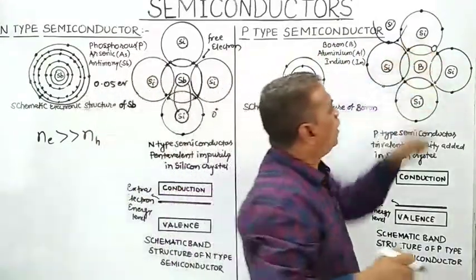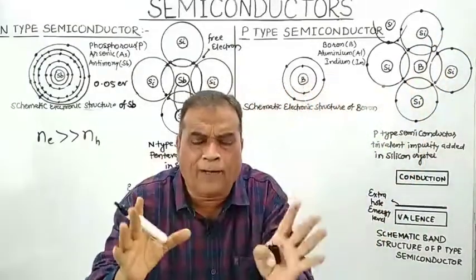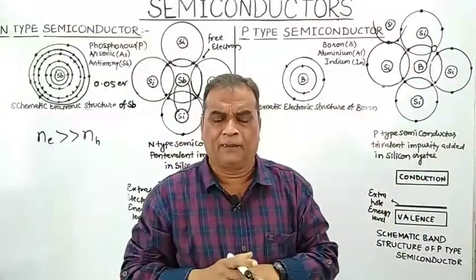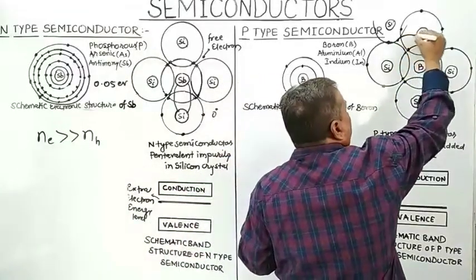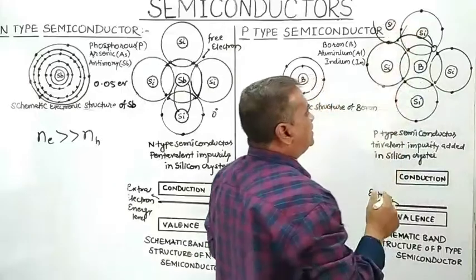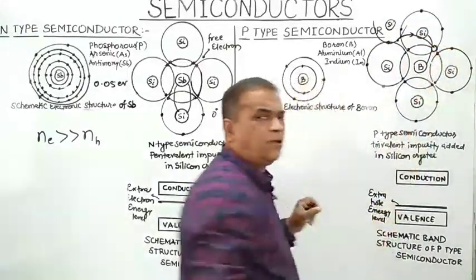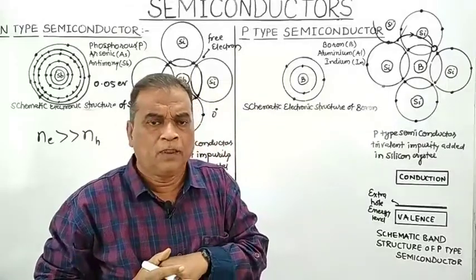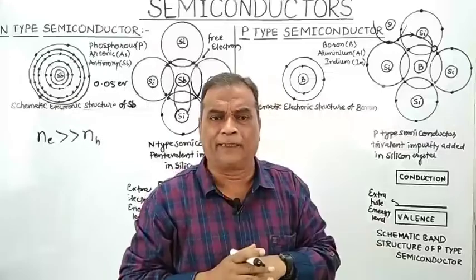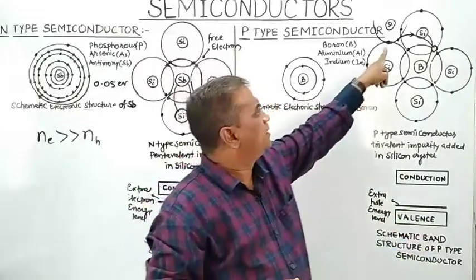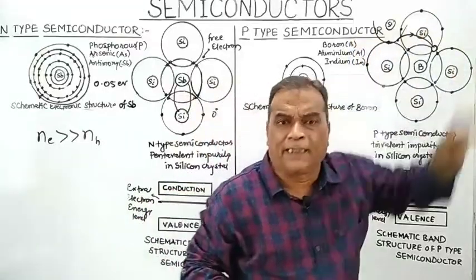So this 4th covalent bond, which is incomplete, can be completed by sharing an electron. The electron from the neighboring silicon atom will jump and acquire the position of the hole. So the 4th covalent bond can be completed just by sharing an electron from a neighboring silicon atom.